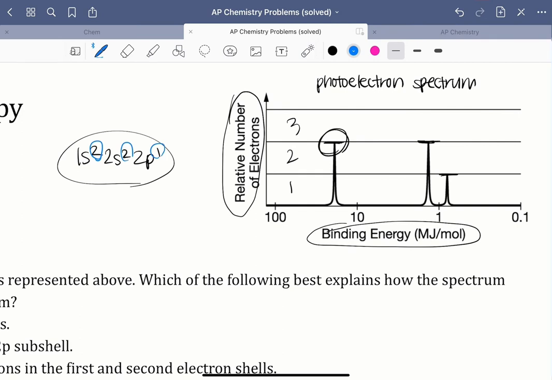So this has 2 electrons, 2 electrons, 1 electron, representing 1s2, 2s2, 2p1.